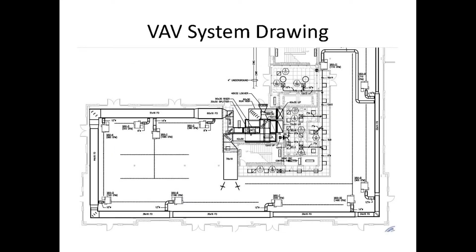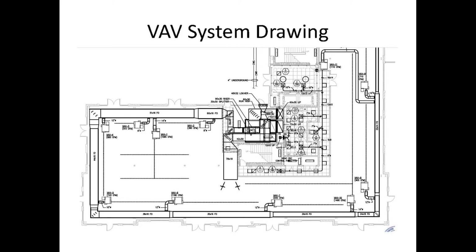All right, next slide. This next slide is a design I did for a large office building with a VAV system. I can't go through every detail, but I wanted you to get a feel for it. The mass in the center of the drawing is the central air conditioner, and you can see ductwork coming out of it from all sides, and then it circles around the office area.